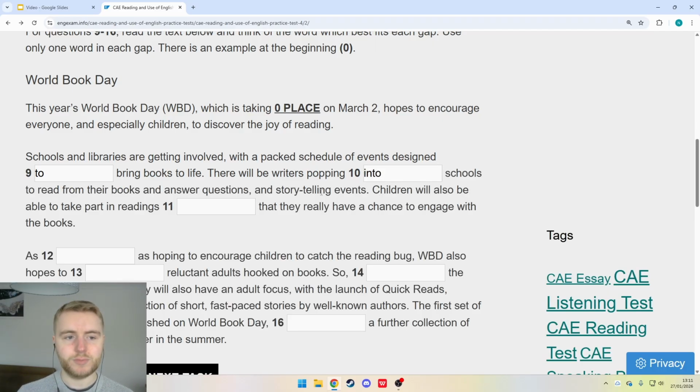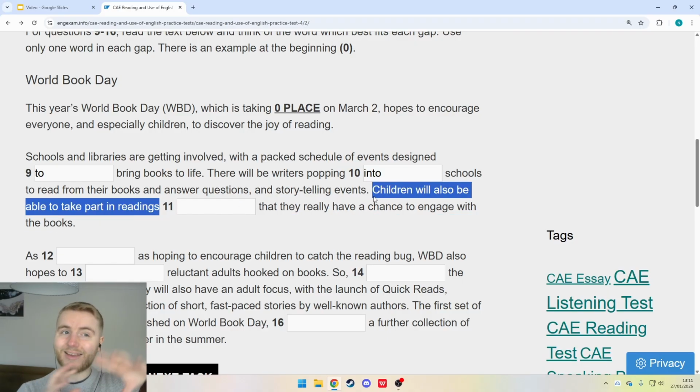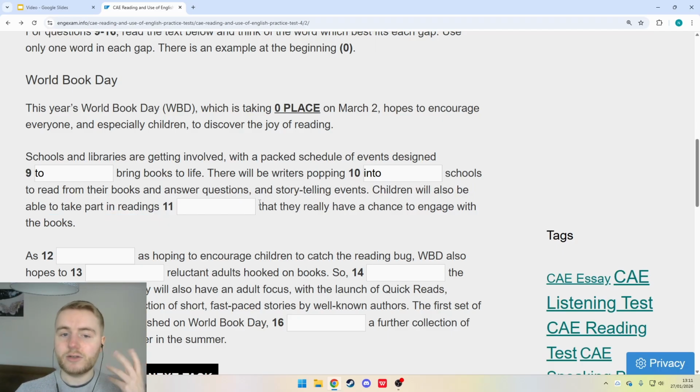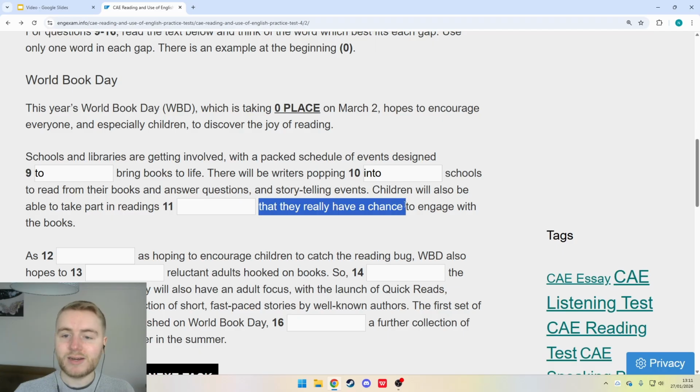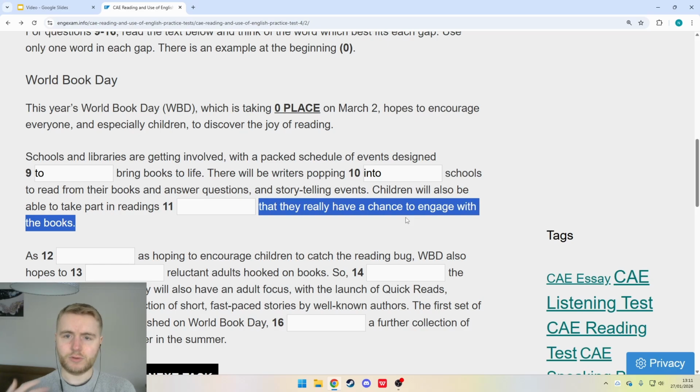Children will also be able to take part in readings. Okay, this sounds to me like a thing, an action, they can do this, and then that they really have a chance to engage with the books. Again, this sounds like the reason they're doing this thing, so we should use the infinitive, right?